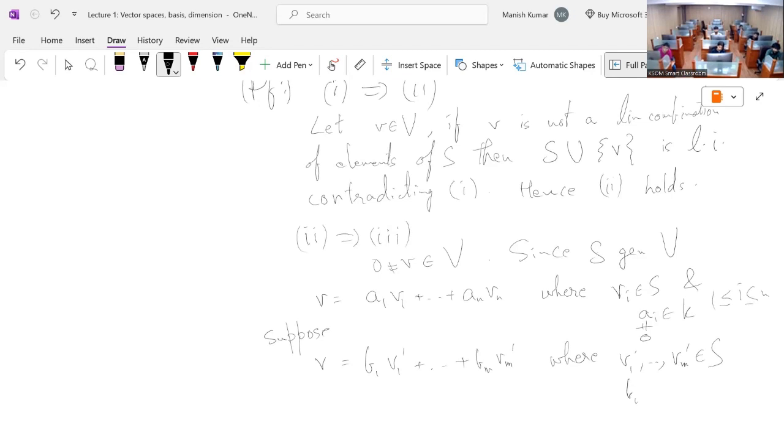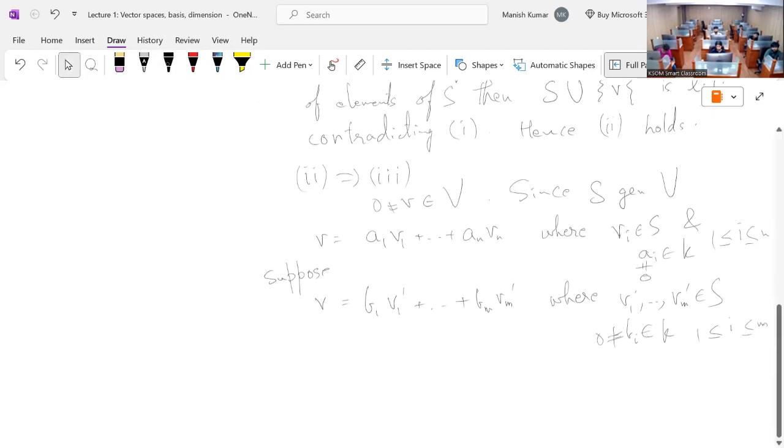And the bi's are some non-zero elements in the field K, i between 1 and m. Right? Then what you do is you take the difference, right?